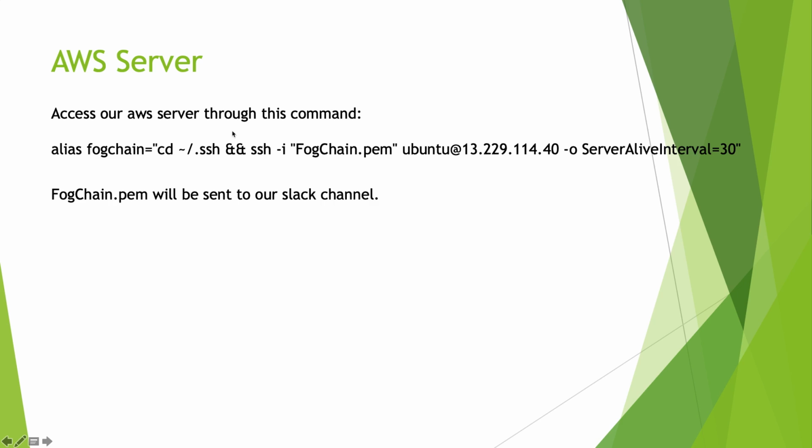There is also something I want to specify here, which is how to access our AWS server through this command. You can add this to your bashrc or zshrc, and I will send this FogChain.pem to you in our Slack channel.